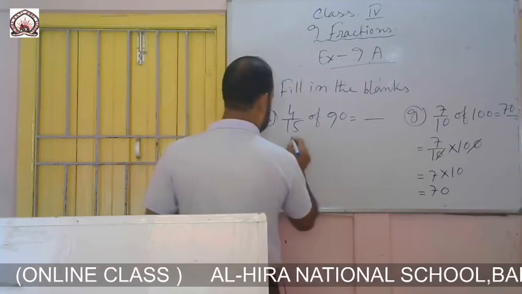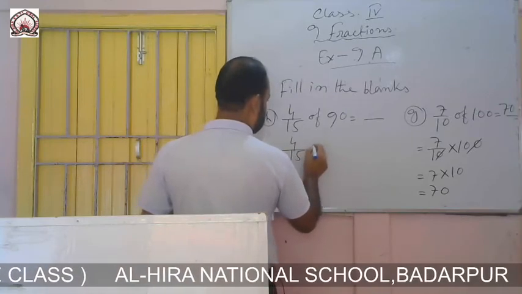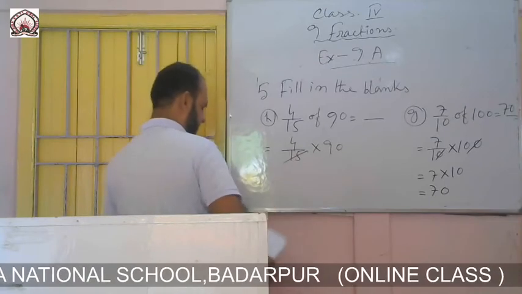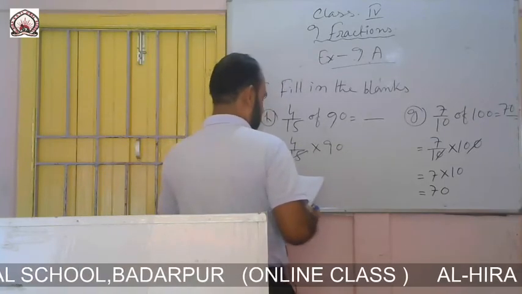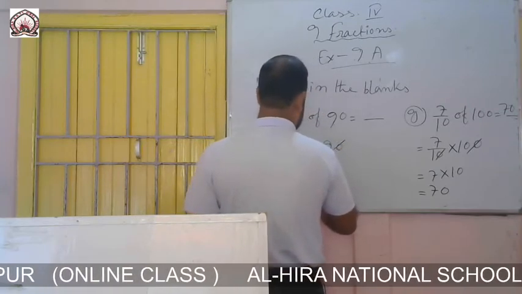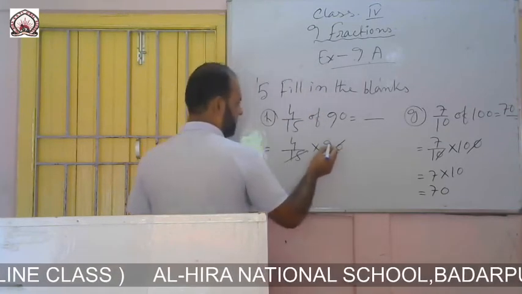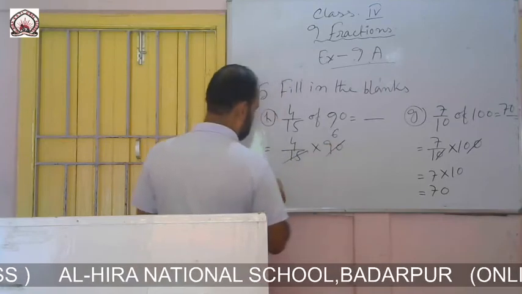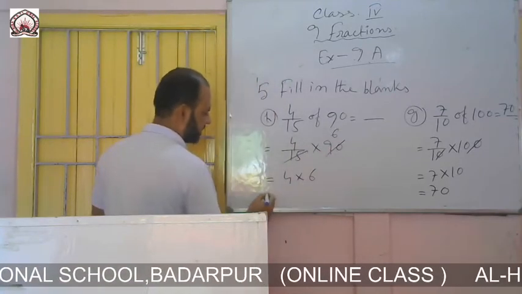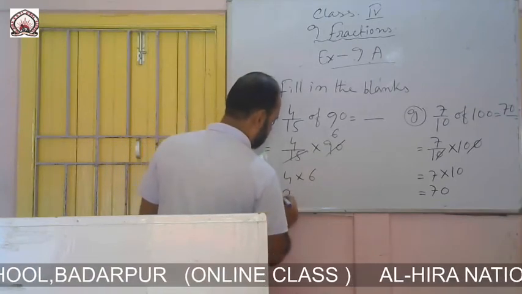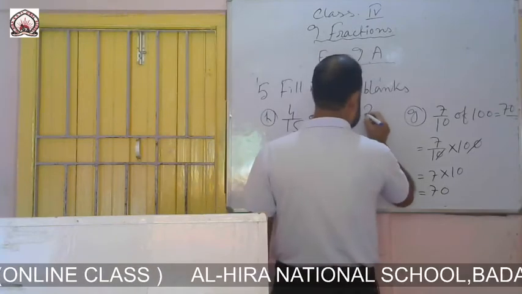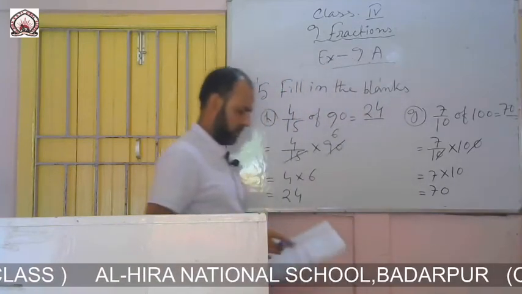So 4/15 into 90, 15 1 is 15 and 15 6s are 90. So here 4 into 6, 4 6s are 24. Answer is 24.